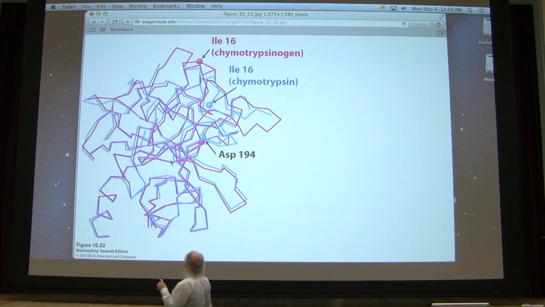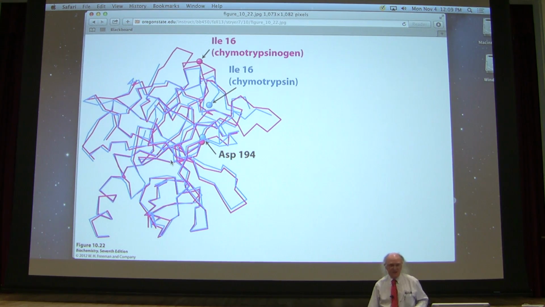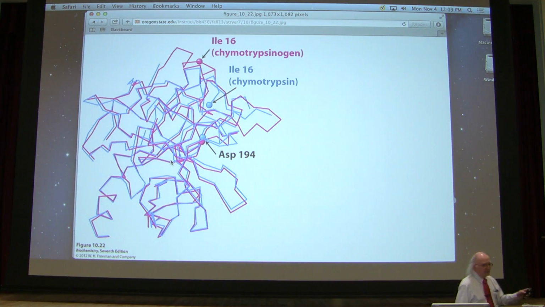So, by opening this up, we start to allow access. Other places where we get cleavages are shown in here. And the consequence of which is ultimately the enzyme becomes fully opened up. But the very first thing that has to happen is we have to release this little piece up here so that the substrate can get to the active site. And that happens by cleaving isoleucine number 16.